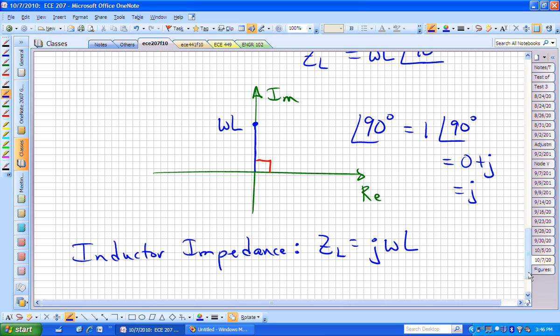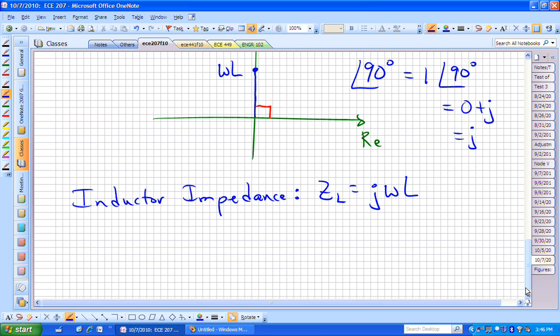What does it mean for the impedance to be imaginary? This is an ideal inductor, and an ideal inductor is just a coil of wire that ideally does not have any resistance.